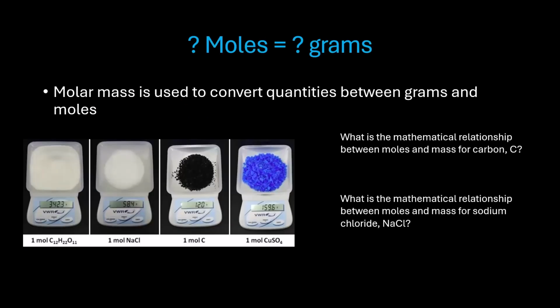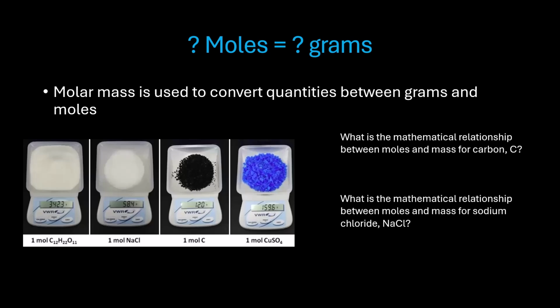So now, how can we use this to convert between moles and grams? What we can do is use this molar mass. If we don't know the amount of moles, or we don't know the amount of grams, as long as we have the molar mass and one of the other two, we can find the one that we're missing.